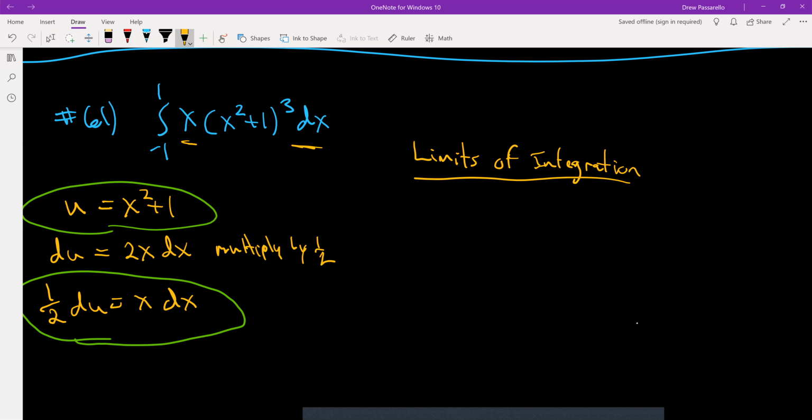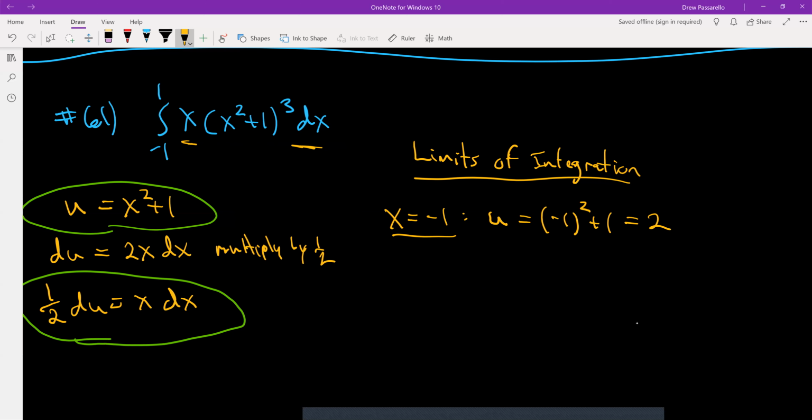The first limit is -1, the lower limit. And so if x is -1, u is -1 squared plus 1, and make sure to put the -1 in parentheses when you square it, because that'll give you +1 plus 1, which is going to be 2.